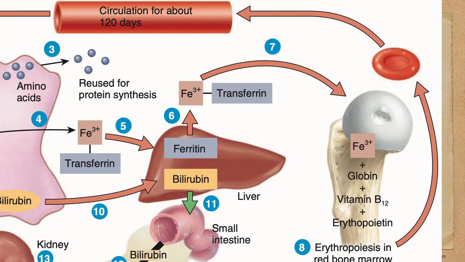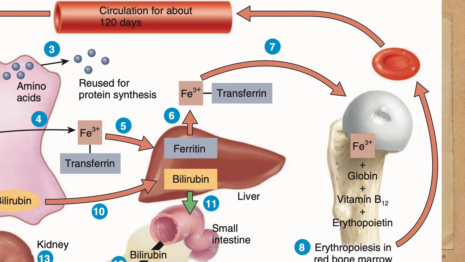Okay, let's move on to number 7. Now the iron is released with the transferrin. Remember that ferritin is for storing alone, the protein for storing iron.